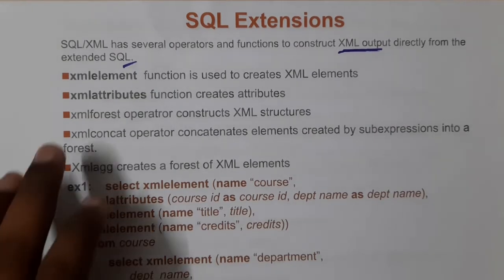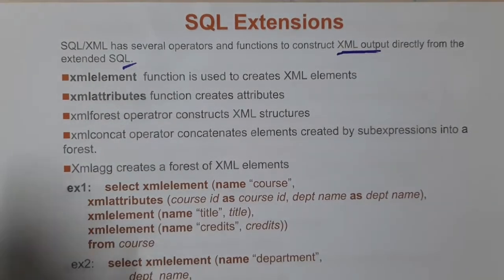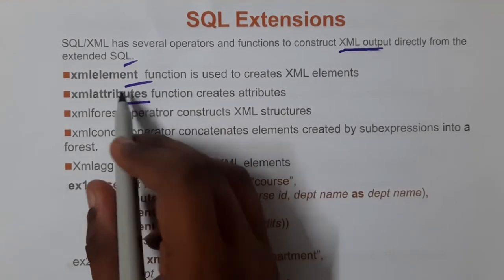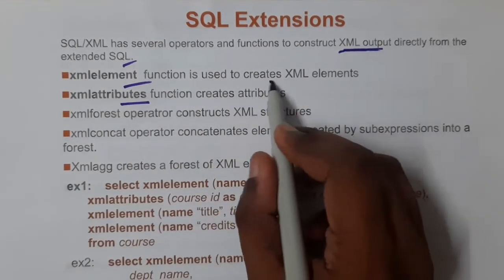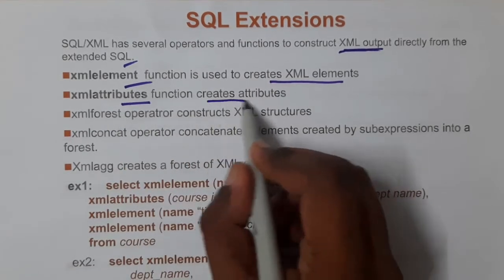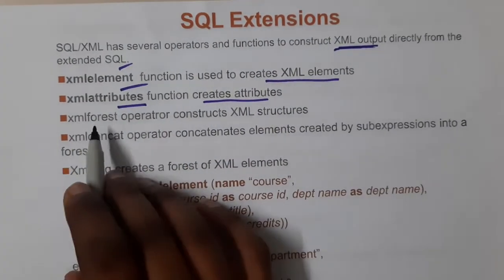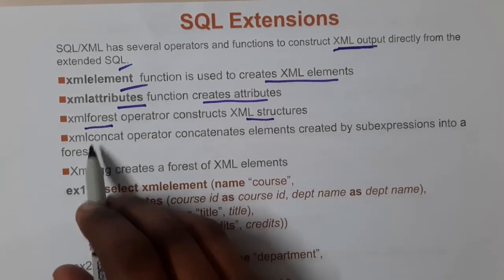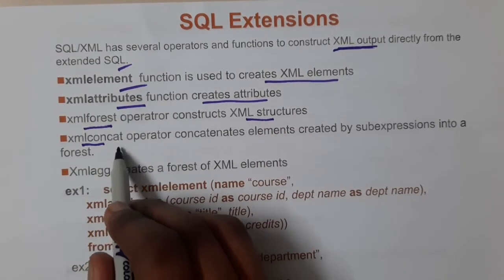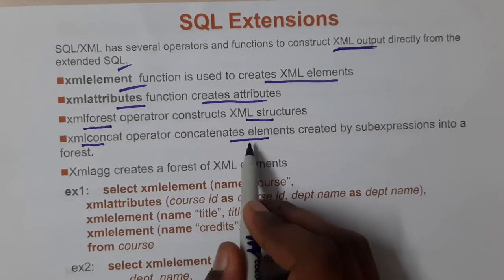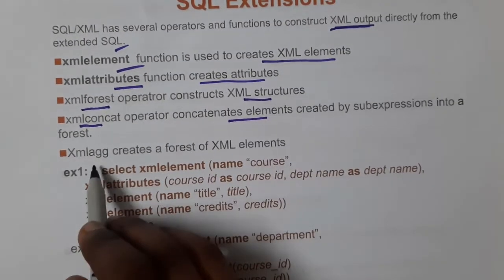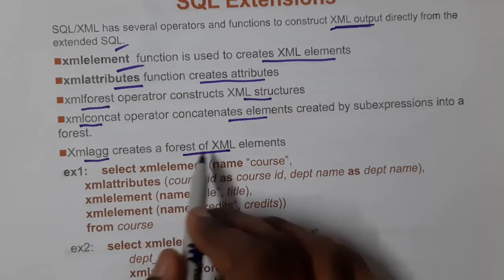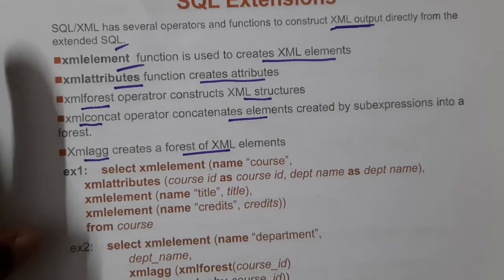XML elements is a function used to create XML elements. Similarly, XML attributes is used to create XML attributes. XML forest operation is used to create XML structure. XML concatenate is an operation used to concatenate elements created. XML AGG is used to aggregate the XML elements. So these are some kinds of extensions.